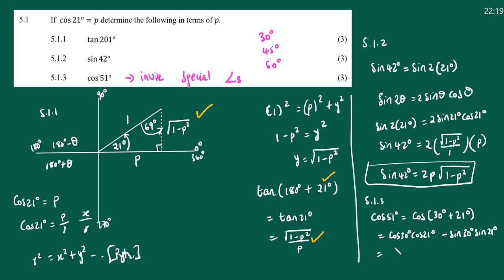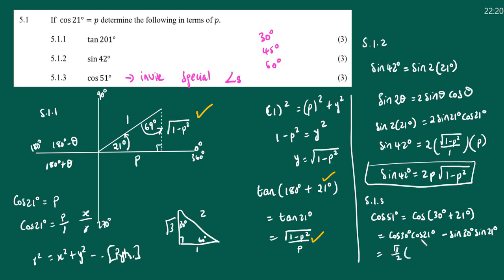Then now, cos 30, remember you have to use the triangles. I get the 1, 2, root 3 triangle, whereby 30 degrees is there, 60 degrees is here. Cos 30 is going to be adjacent over hypotenuse, which is root 3 over 2.